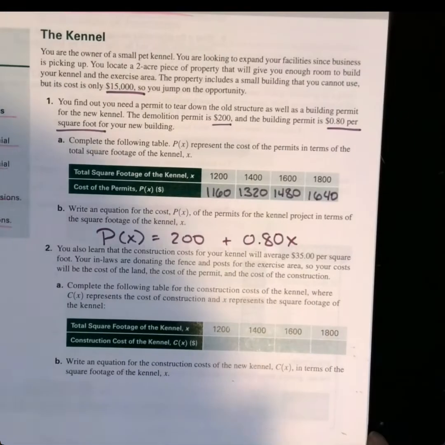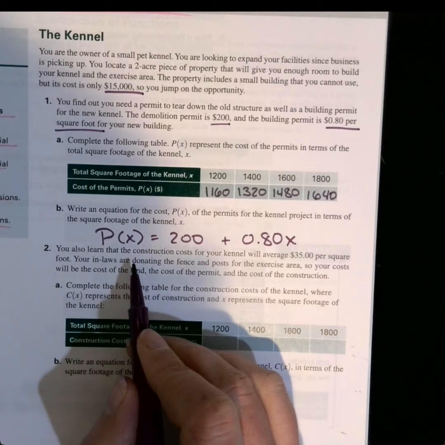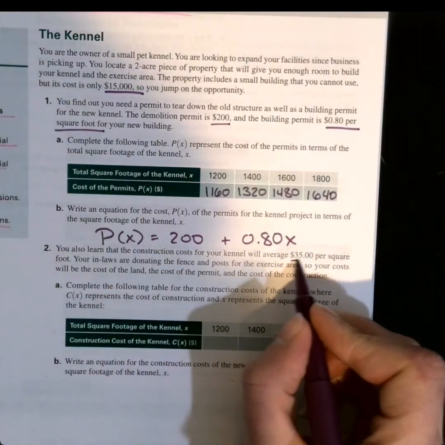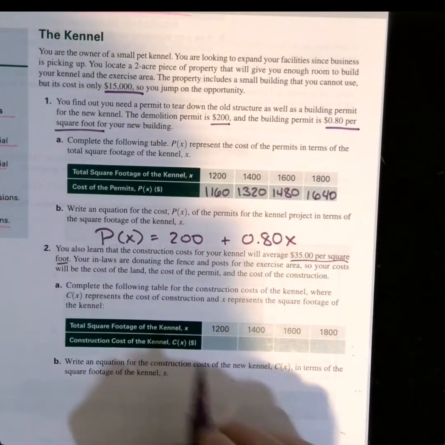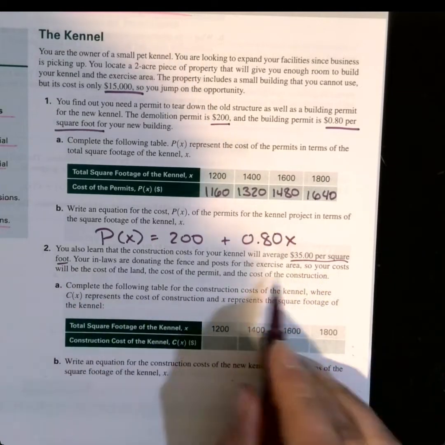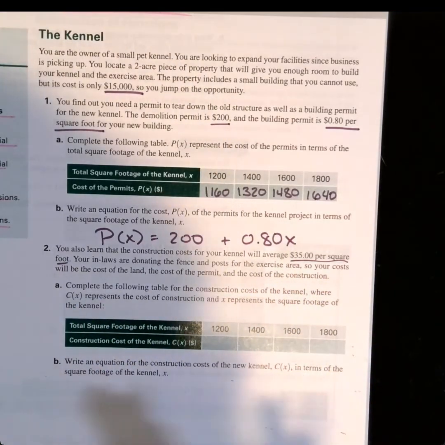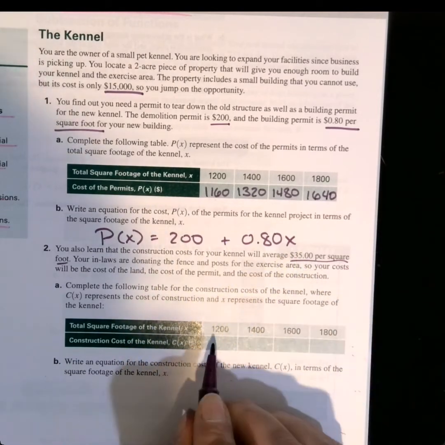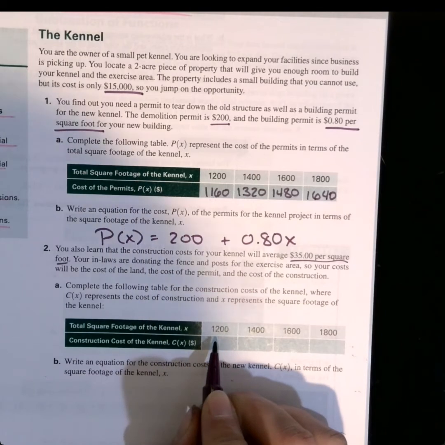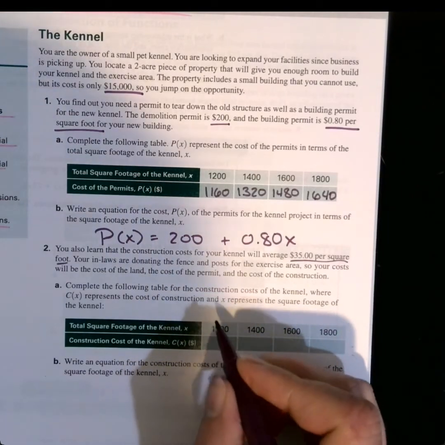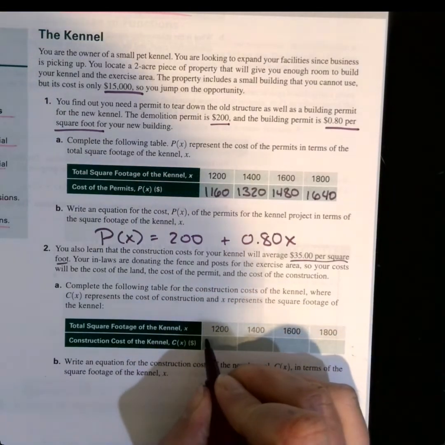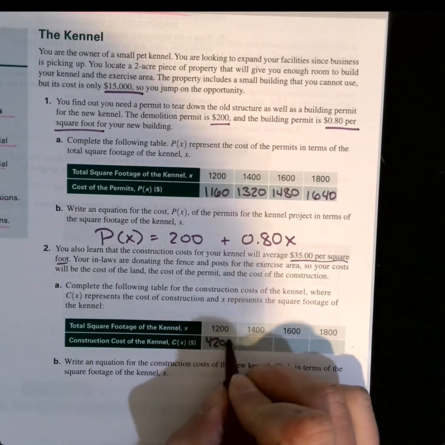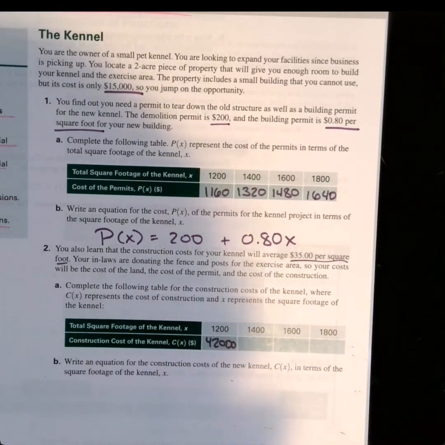All right. Next, we learn that our construction costs will average about $35 per square foot. We're going to get some donated equipment, so we don't have to pay for that. We just need to pay for the construction costs. So if I take $35 times my 1,200, that gives me $42,000 for the construction costs.